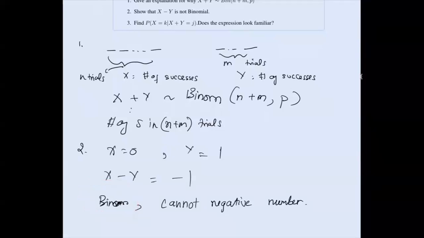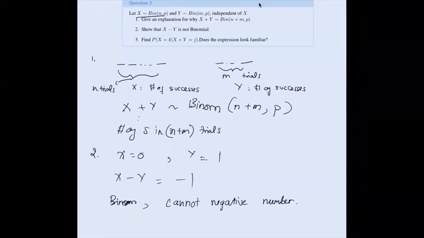And the number of successes cannot be a negative number because when you count something, you cannot count negative. The minimum value you can count for the number of successes is 0. But x minus y can take on a negative number with positive probability. So x minus y cannot follow a binomial distribution.